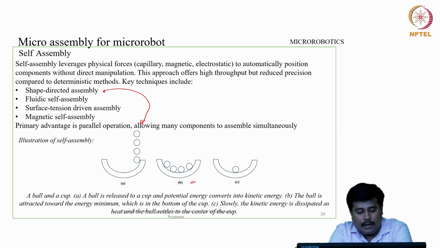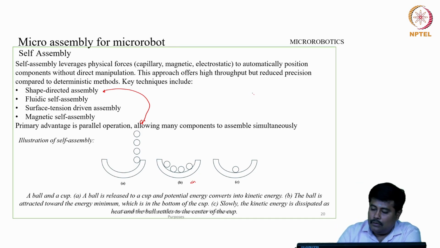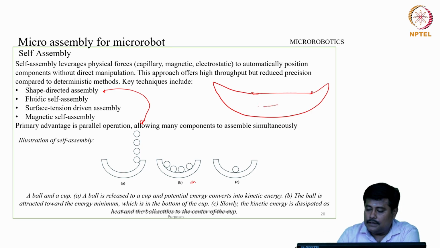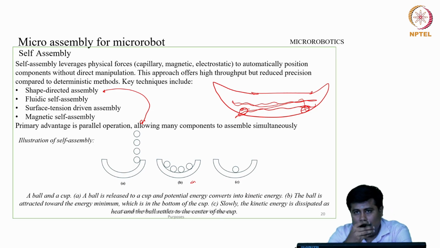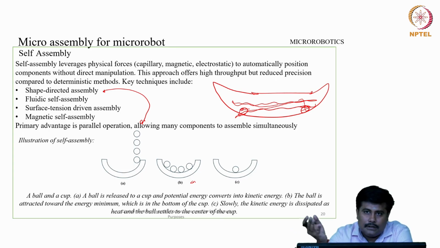As far as fluidic self-assembly is concerned, let us consider a structure where a fluid is placed over here. In most cases, because of the fluidic interaction, there is a circular curvature available, and the particles will accumulate at the circular curvature region. So appropriately there will be a motion.